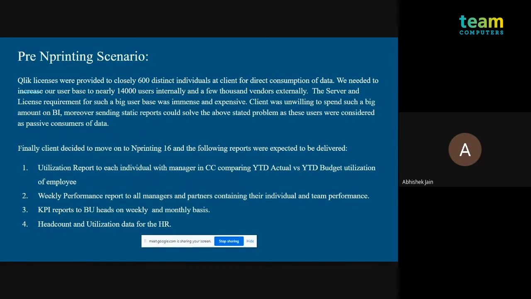A manager and a partner needs to know all these details, and there are 4,000 people who fall in the manager and partner band in this organization, and we could not give dashboard access to all these 4,000 people. So getting them these reports weekly is really crucial.